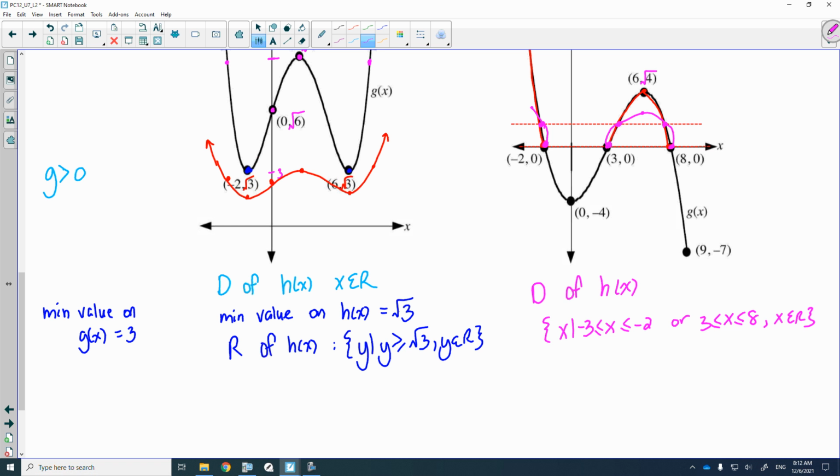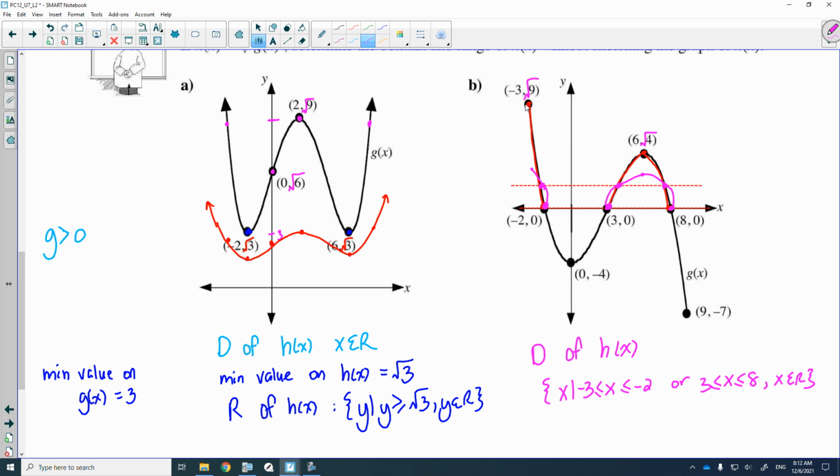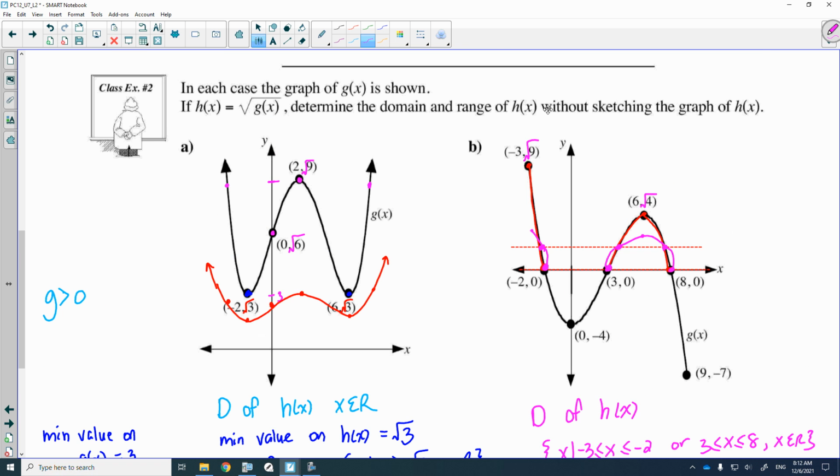Okay, what would the range of h of x be? In this case, it's a max value, right? I need to know what this max value is here. So the max value on the original, remember that the original was g of x, the max value of g of x was 9.